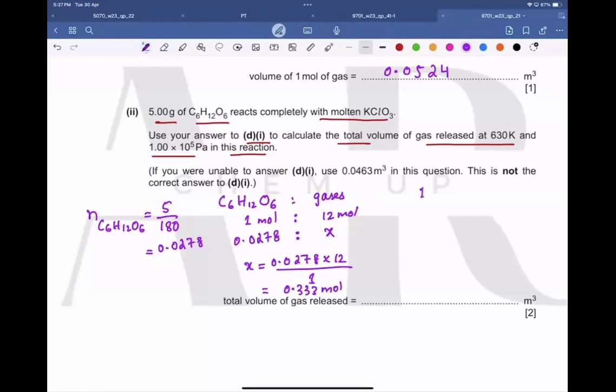So we know that 1 mole of a gas is occupying 0.0524 meter cube. And if the number of moles of gases is 0.333 moles, right? Then the volume of gas must be X. Now calculate the X: 0.333 times 0.0524 divided by 1.